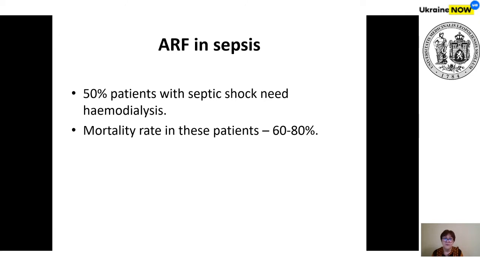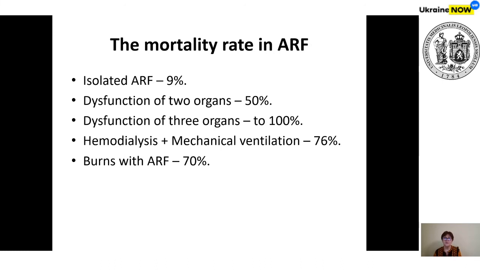Half of patients with septic shock need hemodialysis, and the mortality rate in these patients is about 60–80%. The mortality rate in isolated acute renal failure is 9%. When there is a dysfunction of two organs, half of patients die, and in dysfunction of three organs, no one survives.